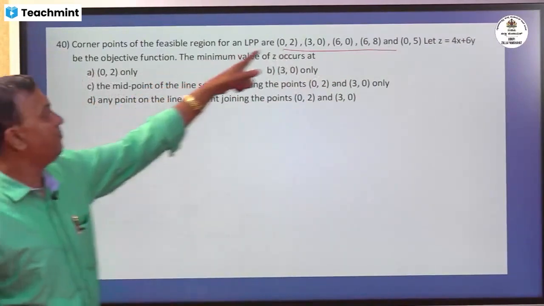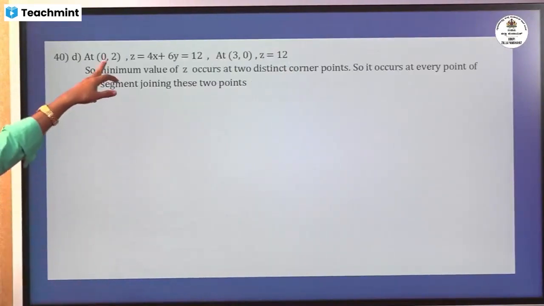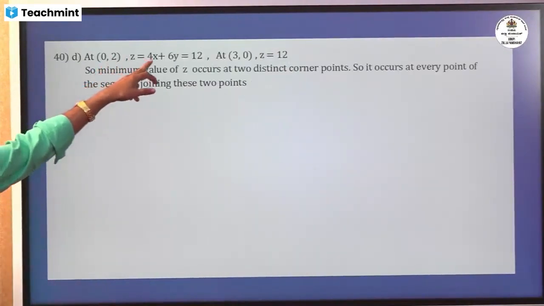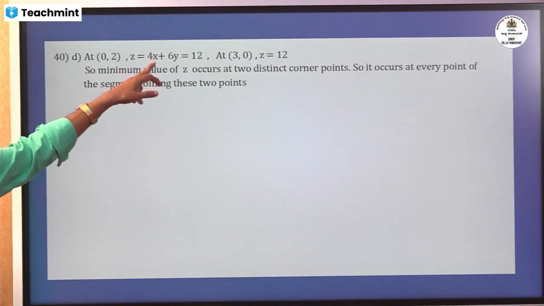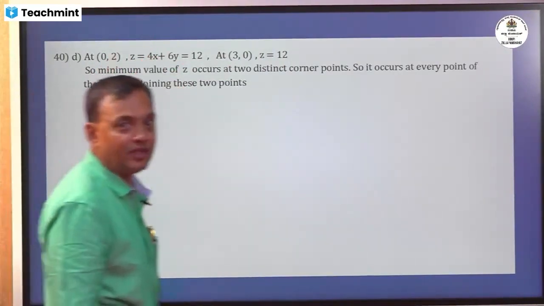So when we substitute these points, at (0, 2), 4x plus 6y becomes 12. You check.